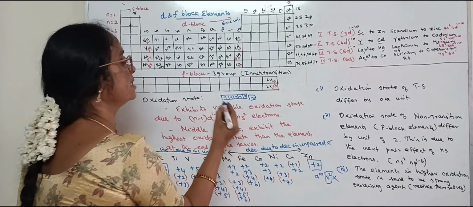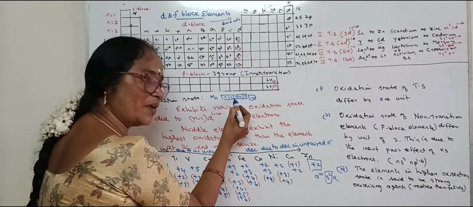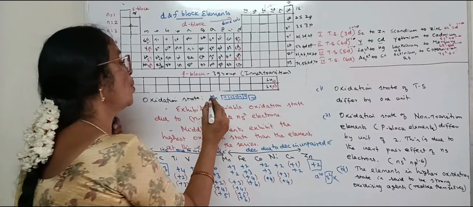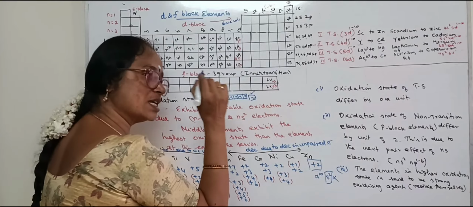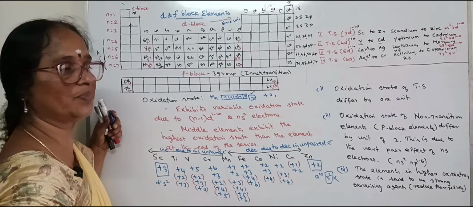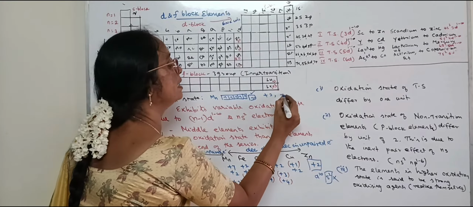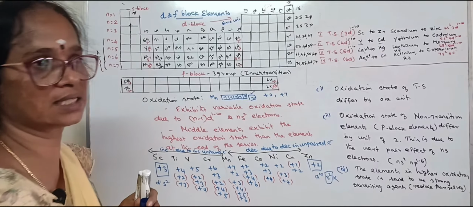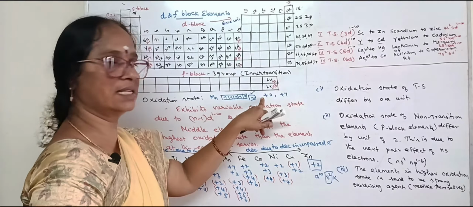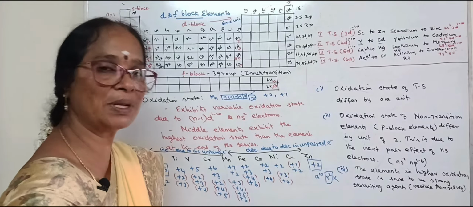So for manganese, the d orbital has 5 unpaired electrons and the s orbital has 2 electrons. If manganese loses only the s orbital electrons, it has the +2 oxidation state. If it removes all 7 electrons, it is the +7 oxidation state. So manganese can have the lowest oxidation state of +2 as well as the highest oxidation state of +7.